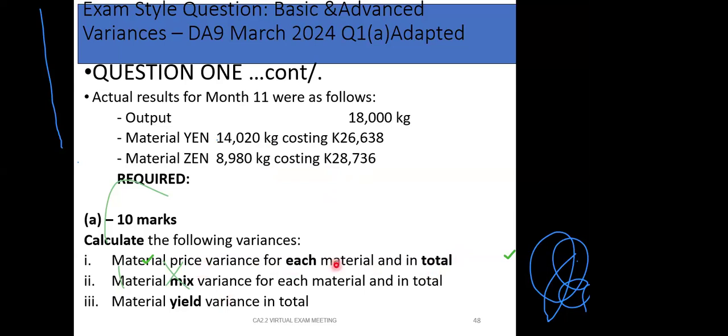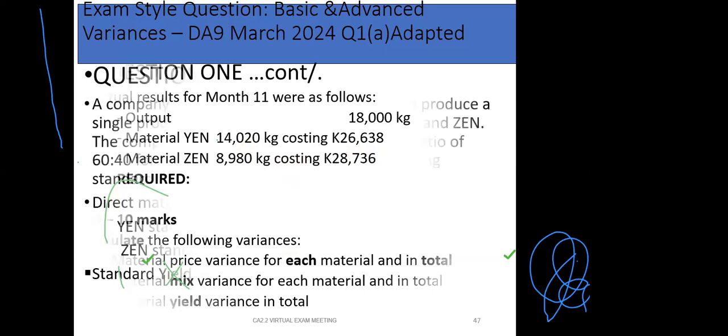If I take you to the solution, in the interest of time, and just explain a bit there. First, for material price variance, you are going to compare for material Y or Zen, 26,638 with what the 14,020 should have cost. So you multiply 14,020 by 2 kwacha, that's where the price is, on slide 47.